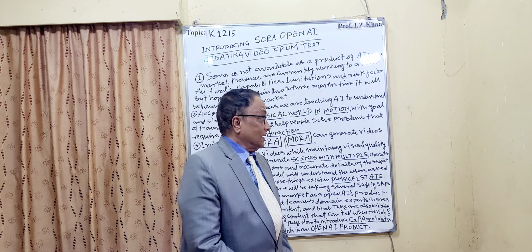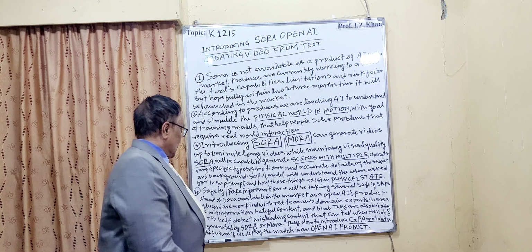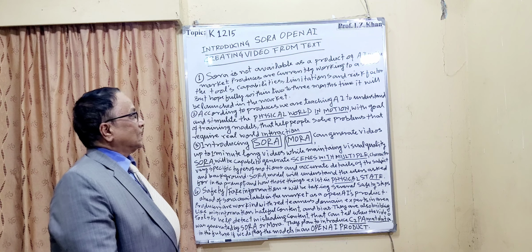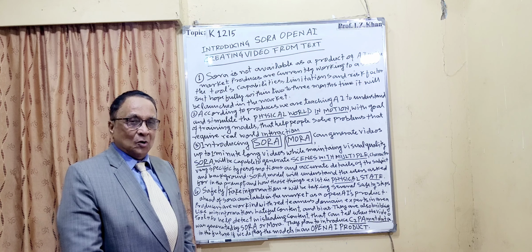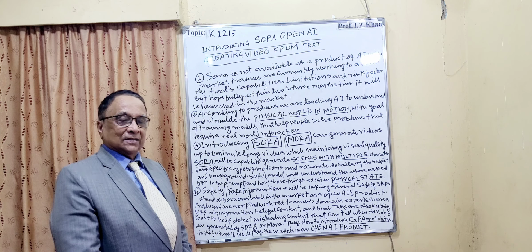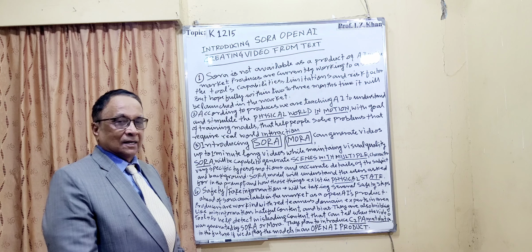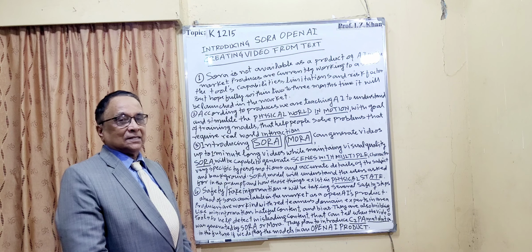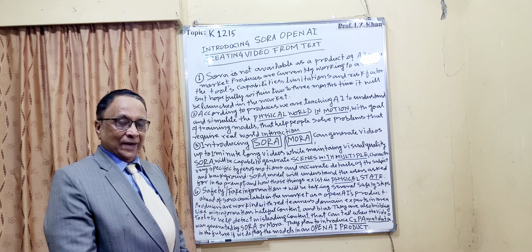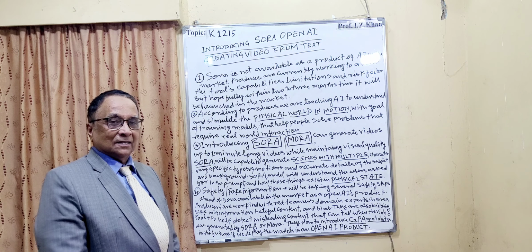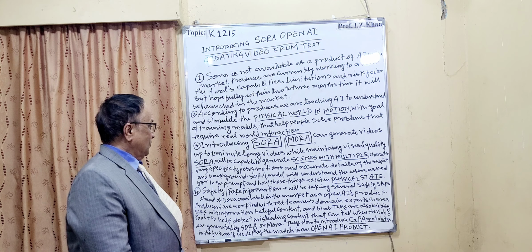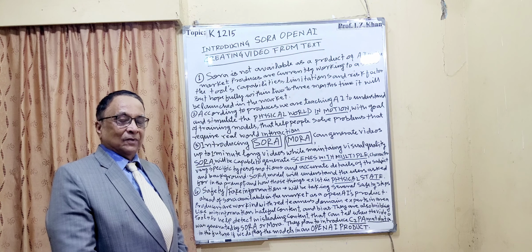So here I have written a summary about Sora. Number one, Sora is not available as an AI product in the market. At the moment it is not available. Still it is under investigation and research. I have already told you, it's because of deep faking, fake news, fake images, which we call safety and fake information. That is a very, very serious matter.